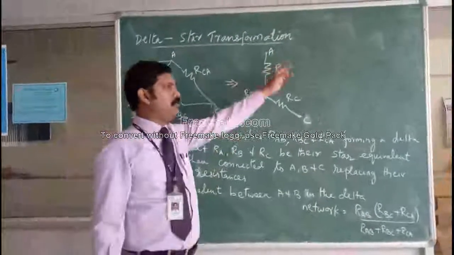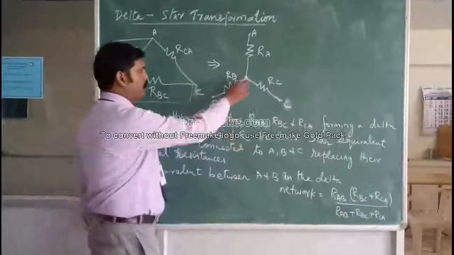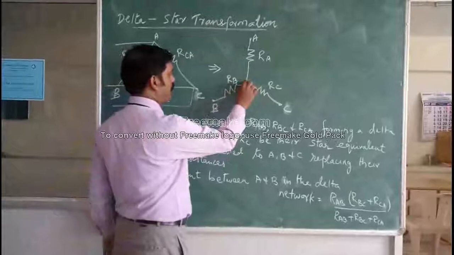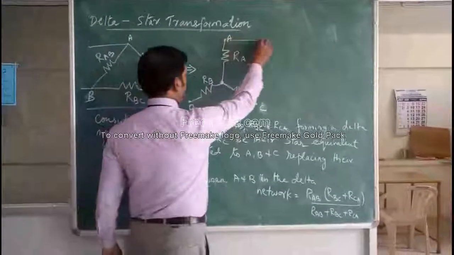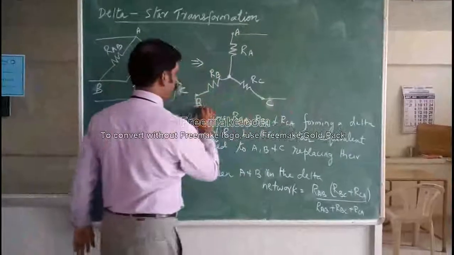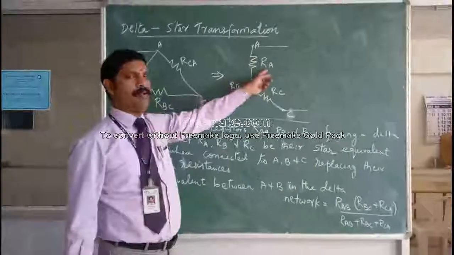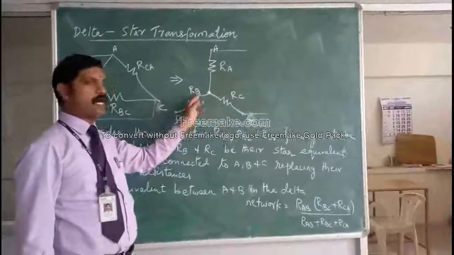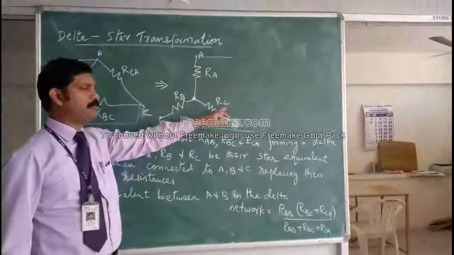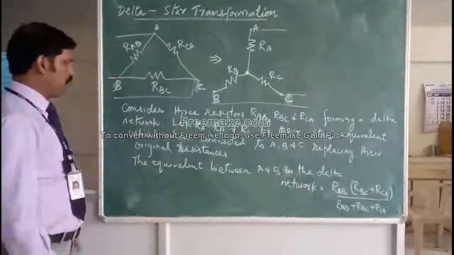Similarly, the equivalent star can be formed like this, where one end of all these is connected, forming the star point, and the three terminals are A, B, and C. The resistance connected to terminal A is given the name RA, the resistance connected to terminal B is referred to as RB, and the resistance connected to terminal C is given the name RC.